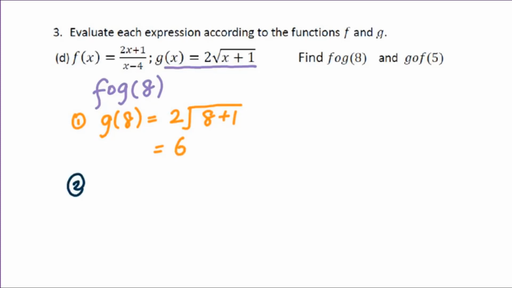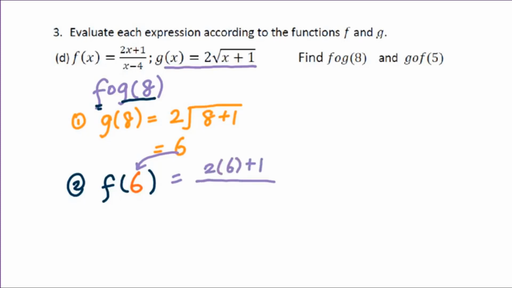Then second step, we go to this f. f of 6. For the f function, every single x turns into 6. We got 2 times 6 plus 1 over 6 minus 4. That is 13 over 2.